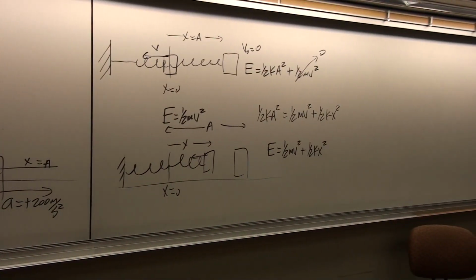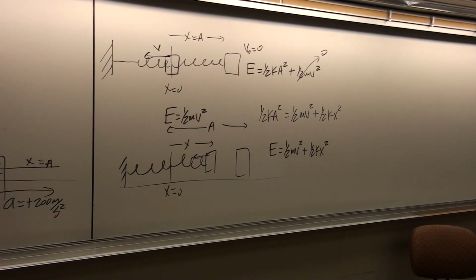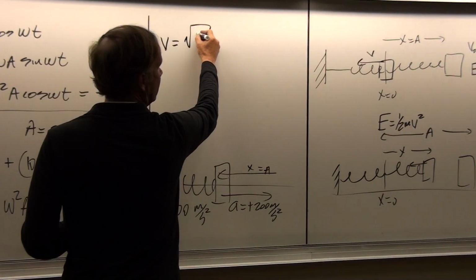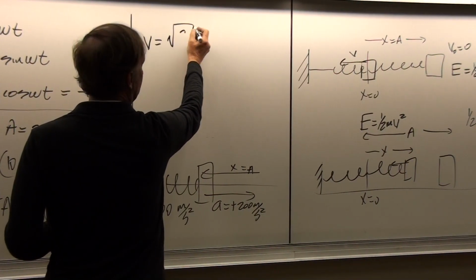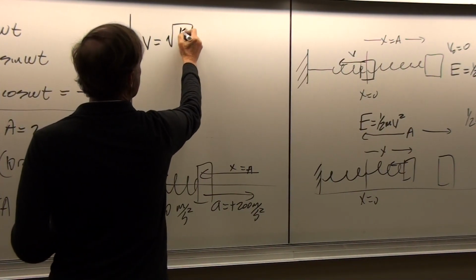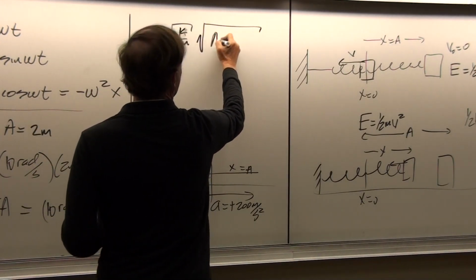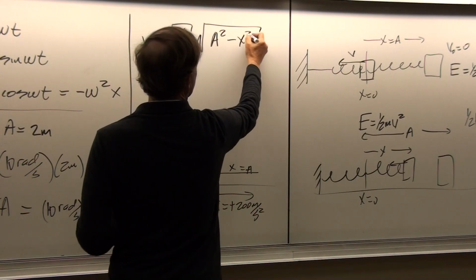So we can rewrite then the velocity v as equaling the square root of k over m times the square root of a squared minus x squared.